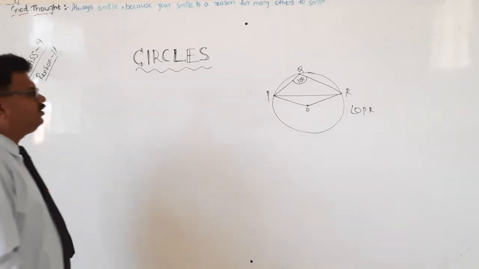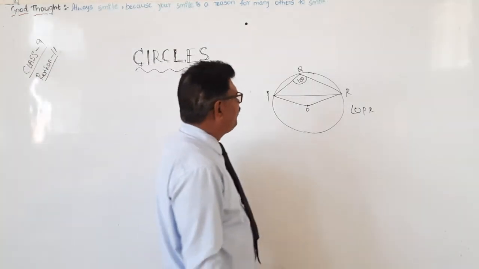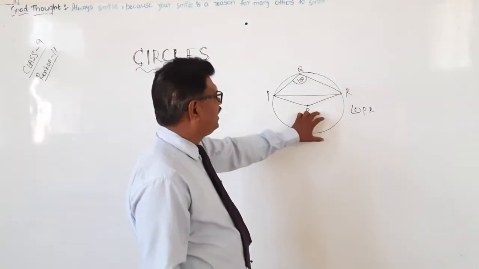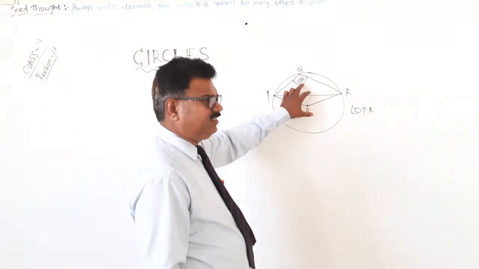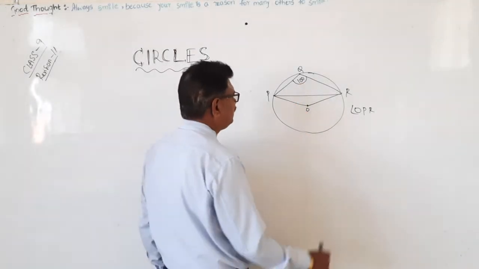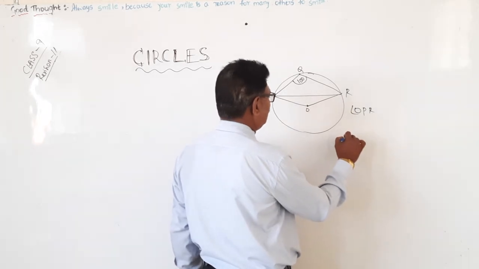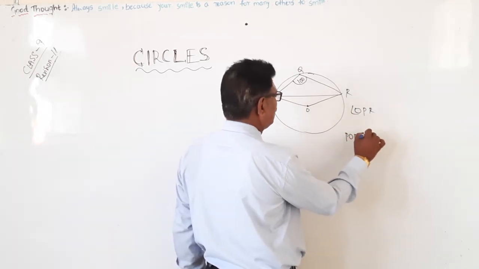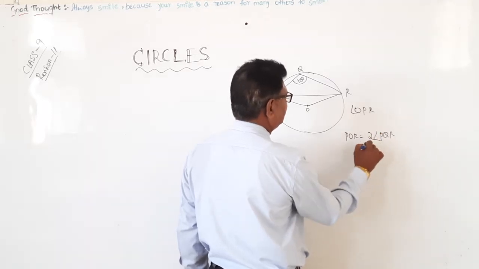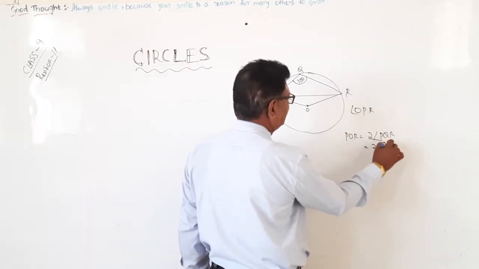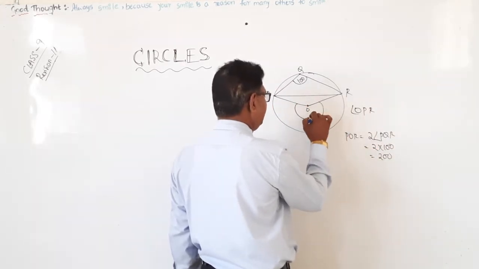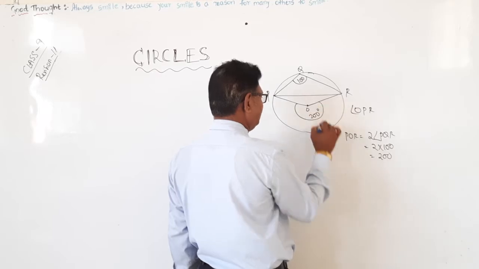Now it's very simple. Before, the question gave a central angle. Now he has given this angle. That means we can find out the central angle. Now POR is equal to 2 times PQR. Therefore 2 into 100 is equal to 200. So this is nothing but 200 degrees.